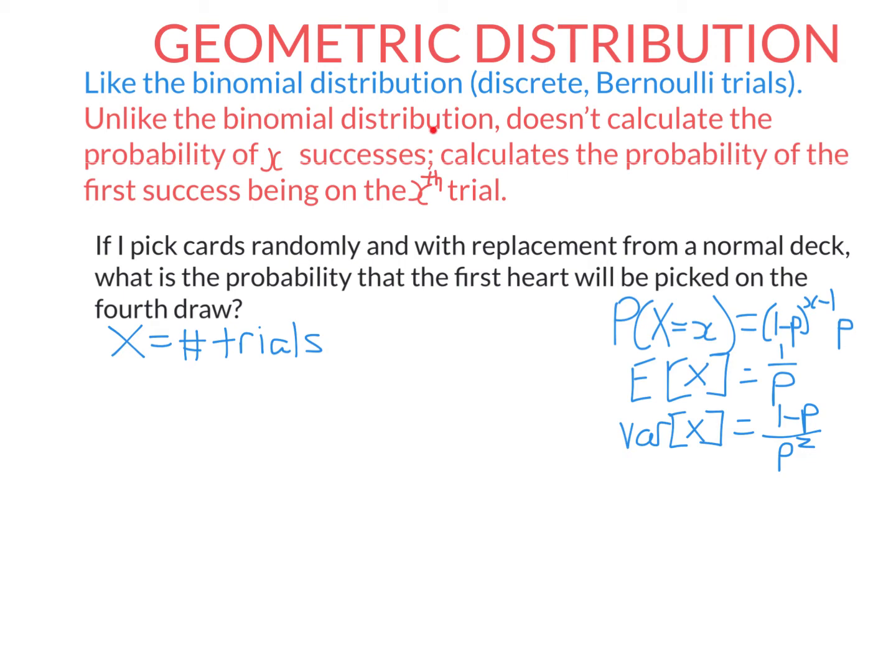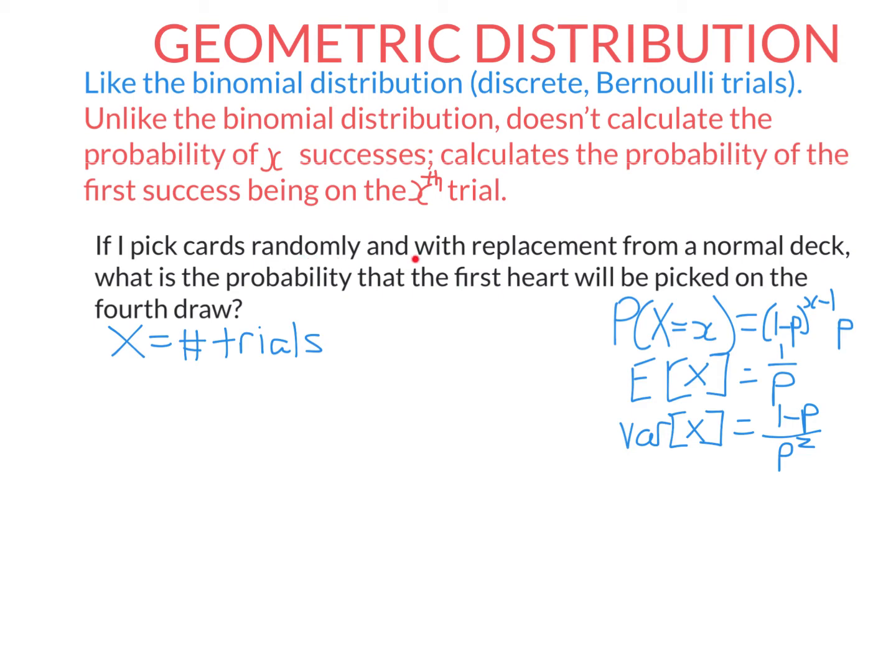But unlike the binomial distribution, which calculates the probability of a certain number of successes, the geometric distribution calculates the probability that the first success will occur on the xth trial. So this is the kind of question for which we'd use the geometric distribution.